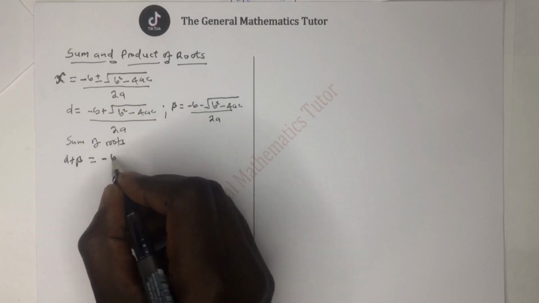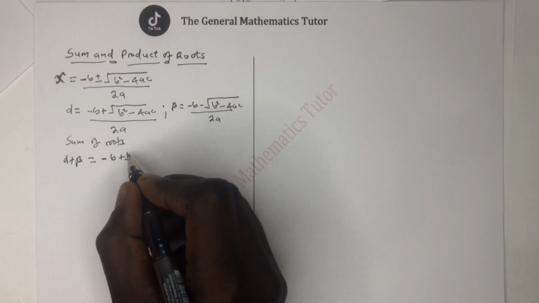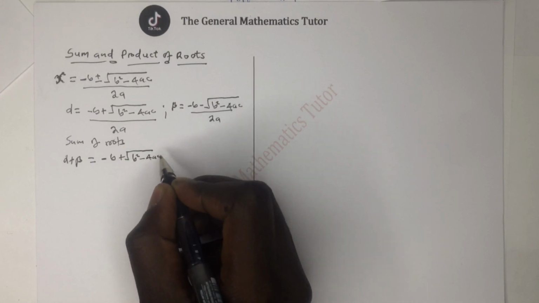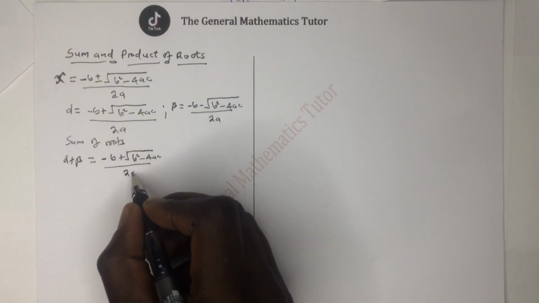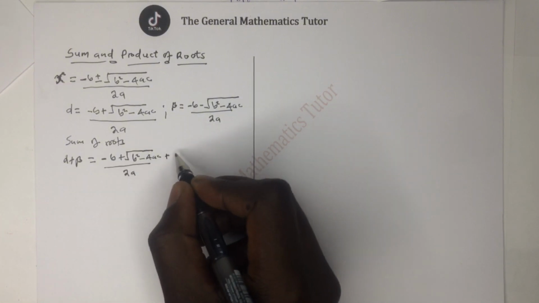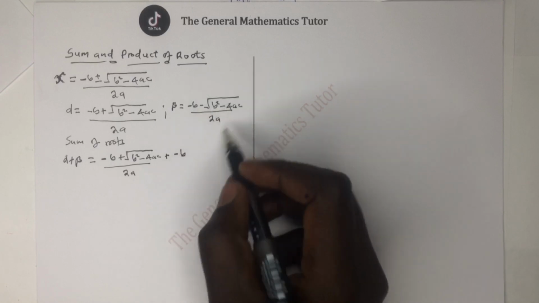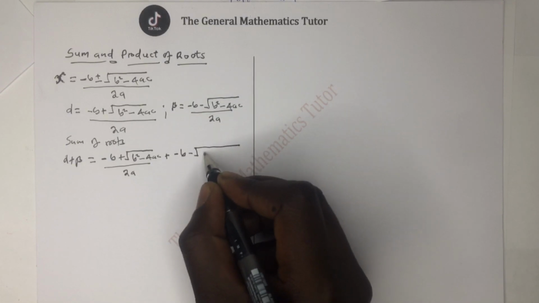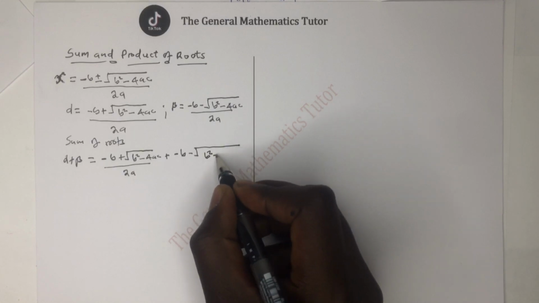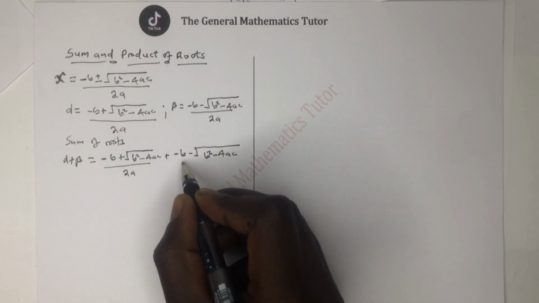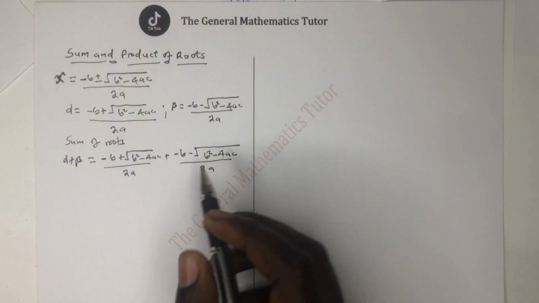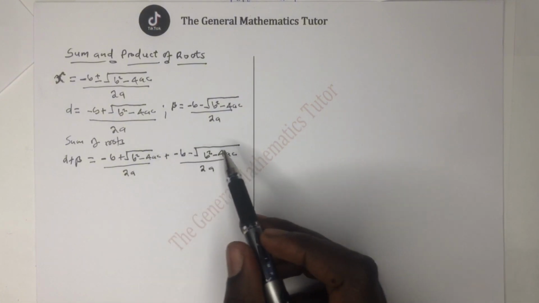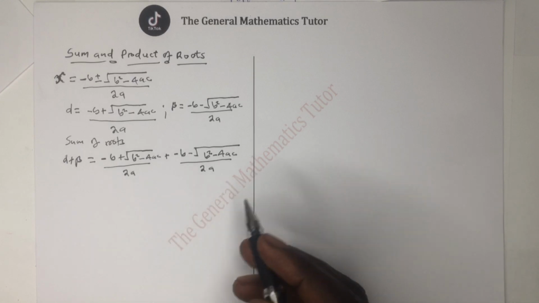So we have minus b plus the root of b squared minus 4ac over 2a, plus minus b minus the root of b squared minus 4ac over 2a. If we add these two together, the numerators are the only ones that are different, but the denominators are the same.